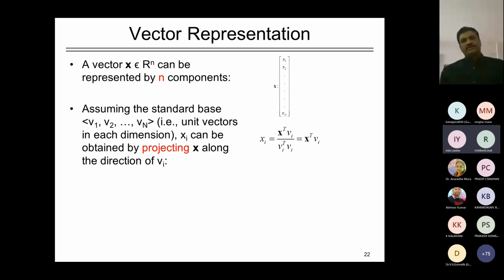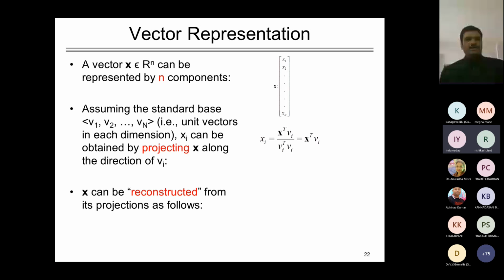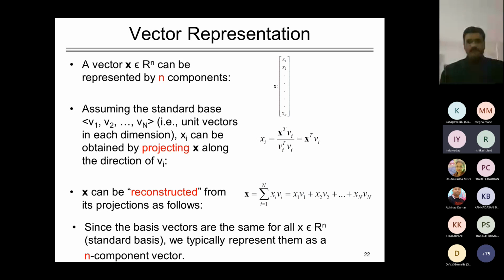X can be reconstructed from its projections as follows: x equal to the linear combination, summation i equal to 1 to n, xi vi, x1 v1, x2 v2, and so on, xn vn. Since the basis vectors are the same for all x belonging to R^n, standard basis, we typically represent them as an n component vector like this.